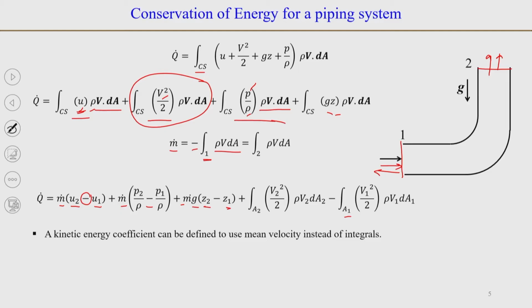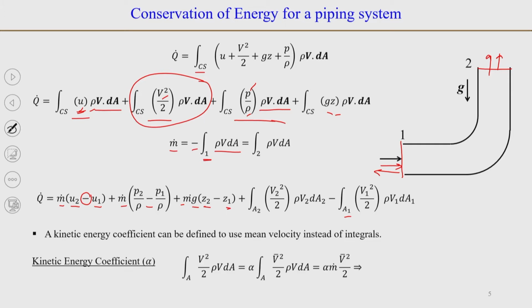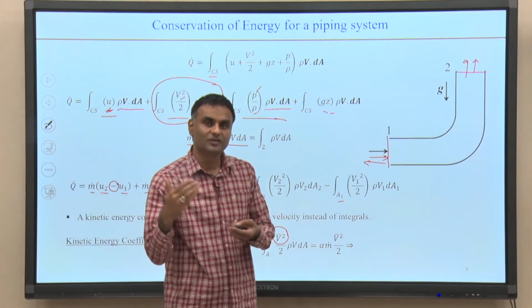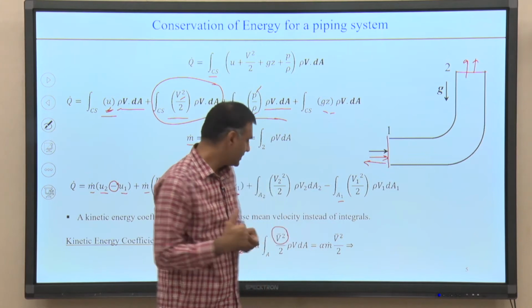This can be done if we define a factor to take into account that we are taking the mean velocity in place of the actual velocity. So, for the term of the form v squared by 2 times rho v dA, rho v dA will basically be m dot, and in place of v squared we can write v bar squared. When we write v bar, it will be constant throughout A, so we will be able to take it out of the integral sign.